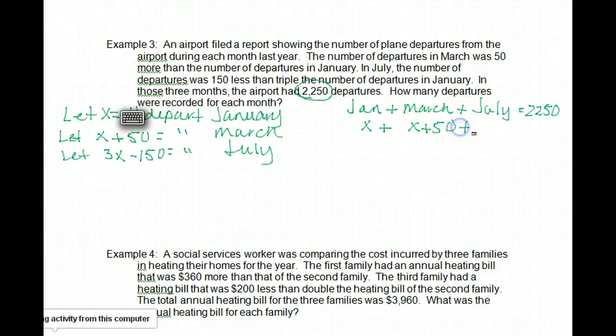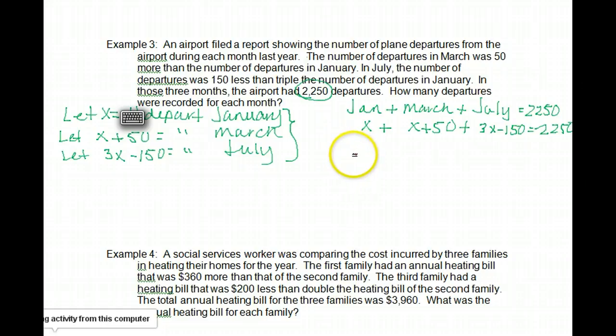And we need to add that to whatever we used for July, 3x minus 150. And that's all going to equal 2,250. When you write organized let statements the same way that we have, it helps you to write your equation. I hope that you see that from what I'm doing here in the work.